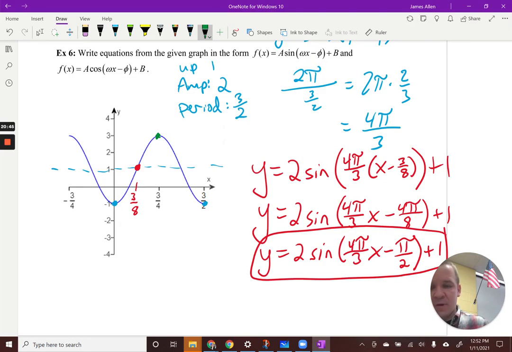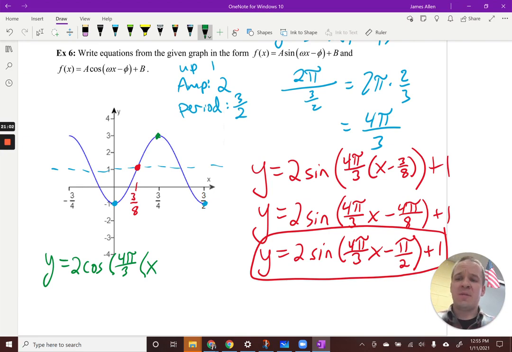Let's write both. For the green one, I would have y equals 2 cosine, and then we've got 4 pi divided by 3, parentheses x. Sorry, the music started playing there. So where were we?